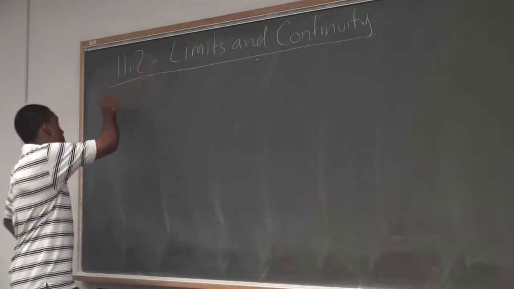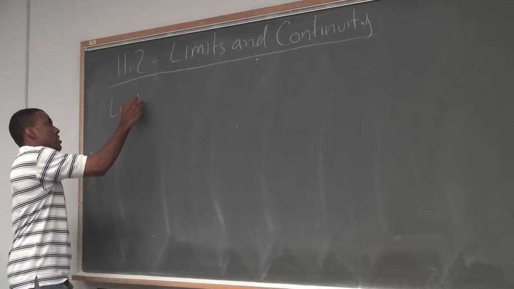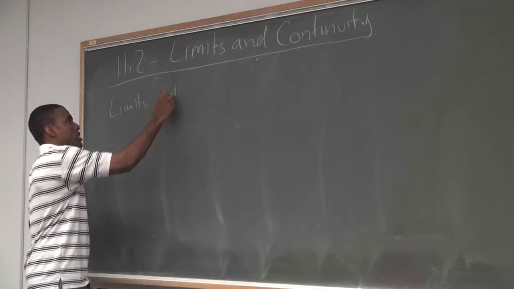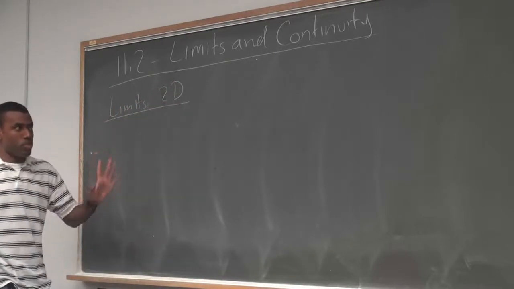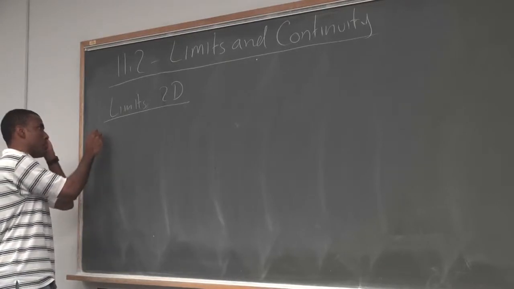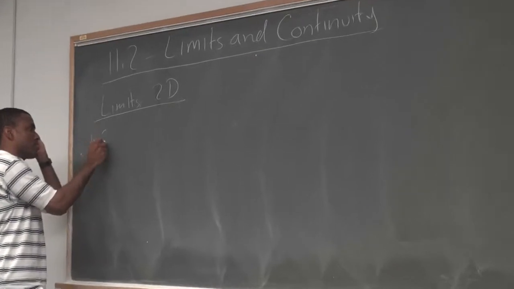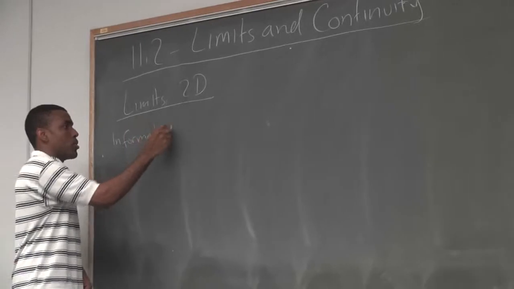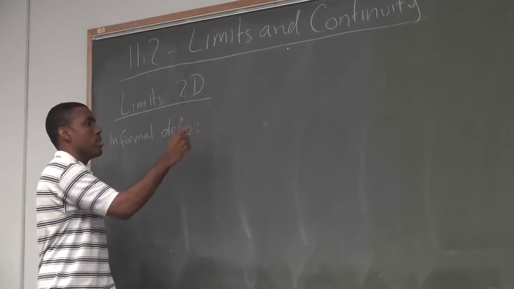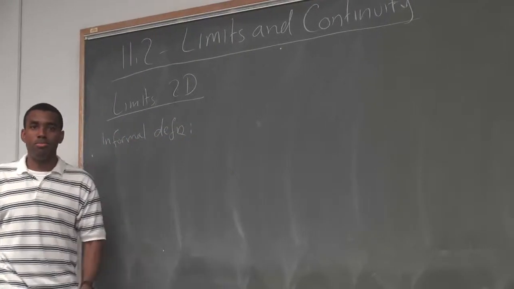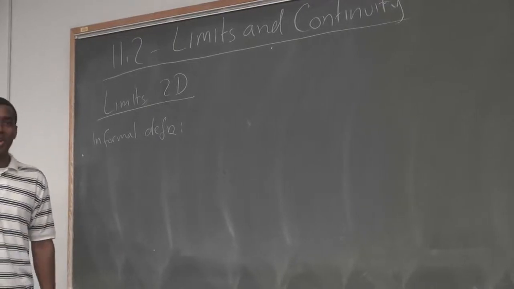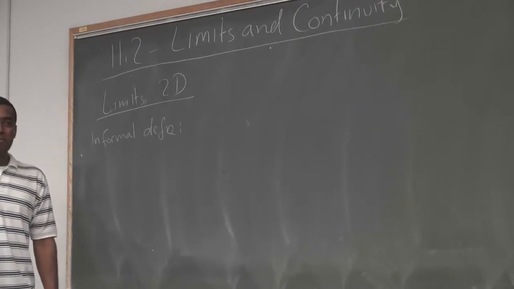Right, so let's say limits 2D, right? So we're going to keep things very informal. Informal definition, how would you describe a limit to someone whose math literacy is very low? Like, how would you do it?